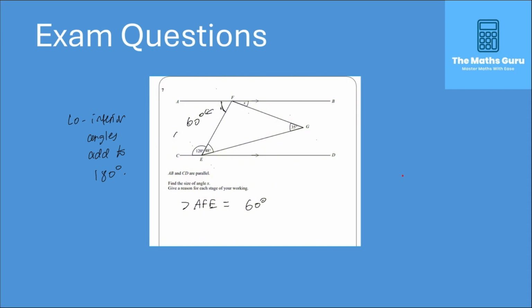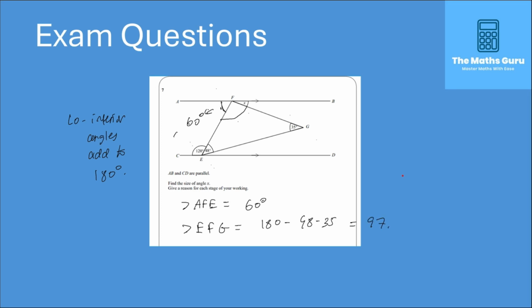Then we know that angles in a triangle add to 180. So angle EFG is equal to 180 minus 48 minus 35. So 180 minus 48 minus 35 is equal to 97.